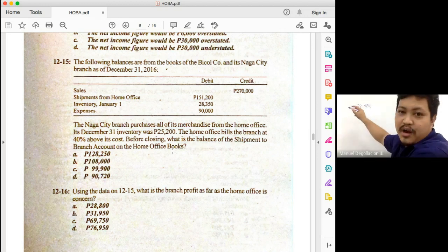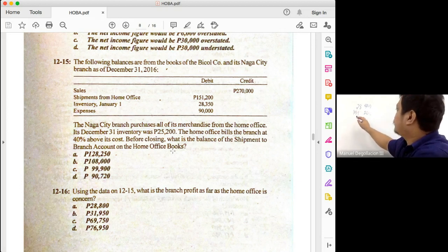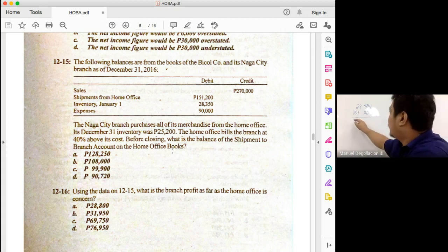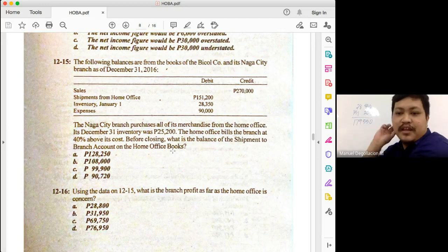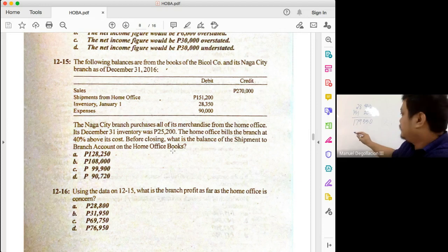If you add the two, you would get how much, class? 179,550. How do we call the 179,550? Total goods available for sale. Then deduct what? Ending inventory of 25,200.